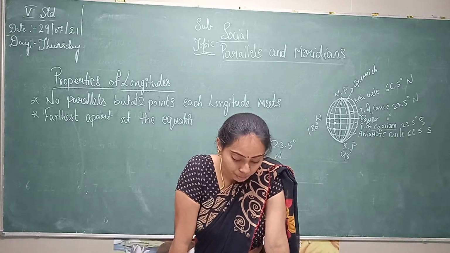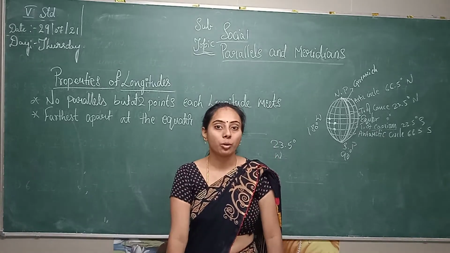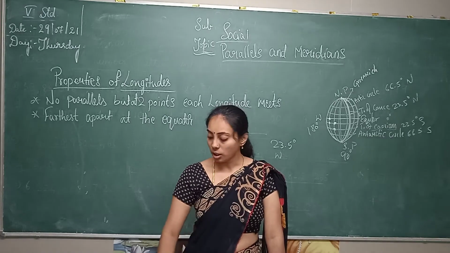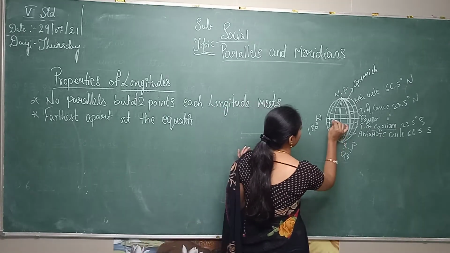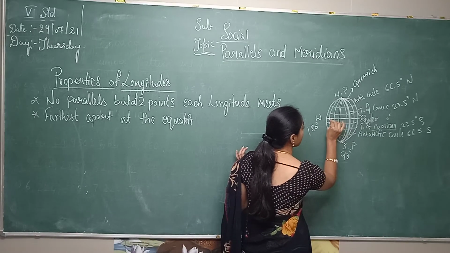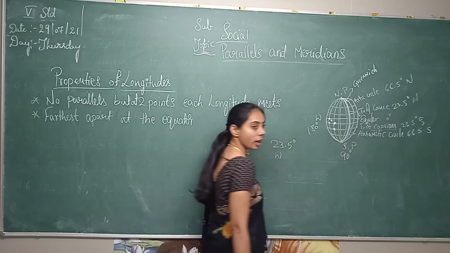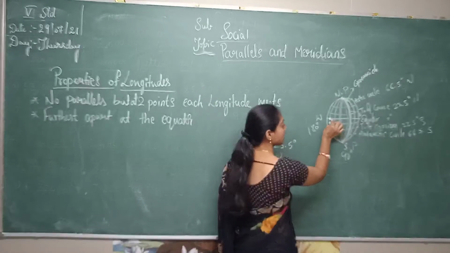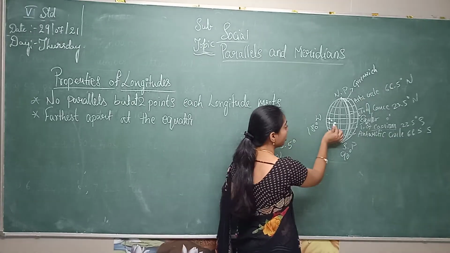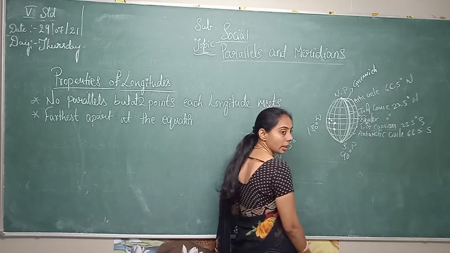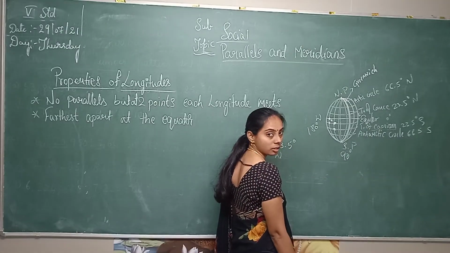So here, as I told you, for example, here one place is there. Okay, so this country is not present on the grid, but below this, inside the grid, the country is present.